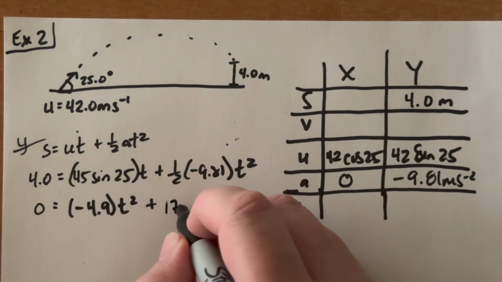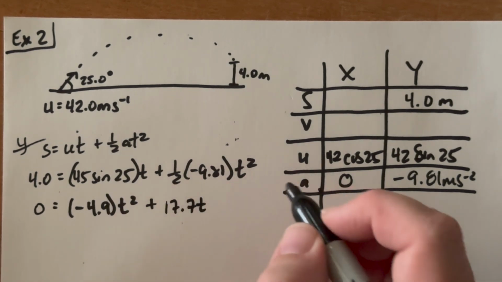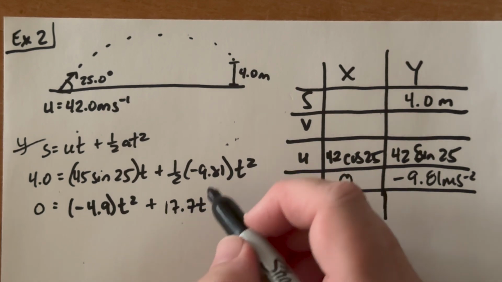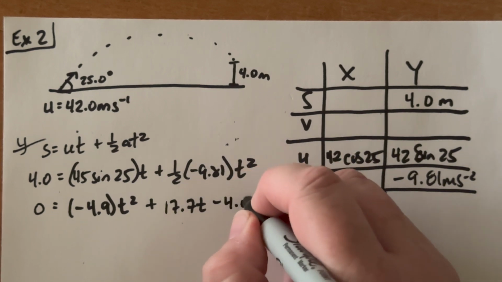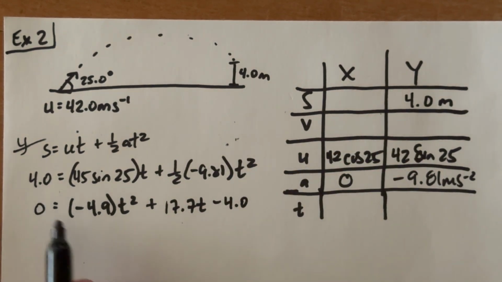It's going to be 17.7 t. I'll keep it at 3 sig figs here. And then I have minus 4.0 because I took that and subtracted it from both sides here.